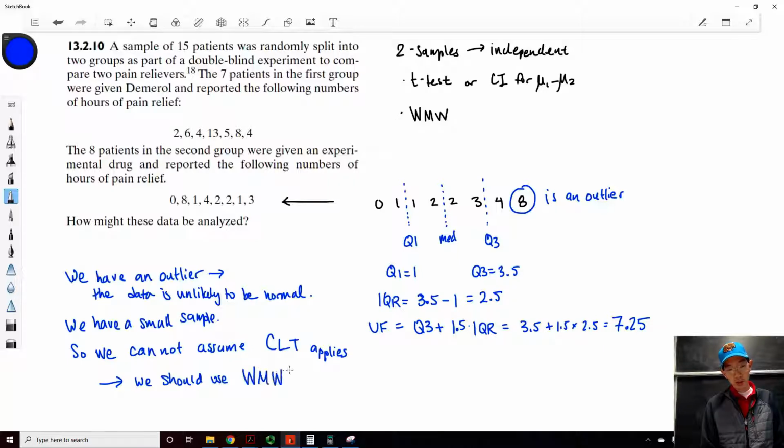Would you like for us to calculate that later? What's that? On the exam, if we get a similar problem and we decide to use the Wilcoxon, do you want us to show that? Well, it's multiple choice. Okay. That's right.